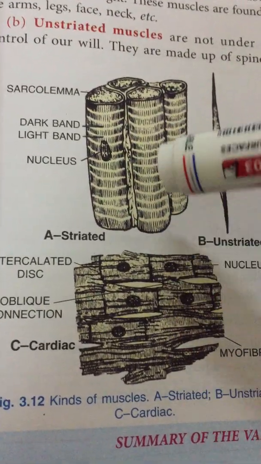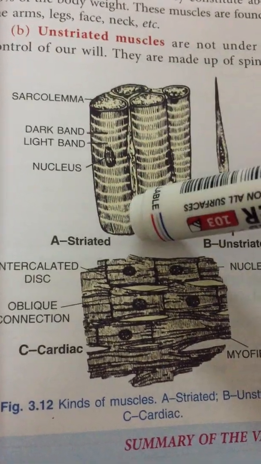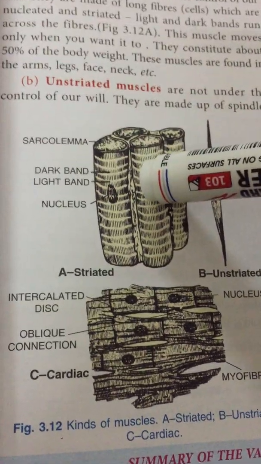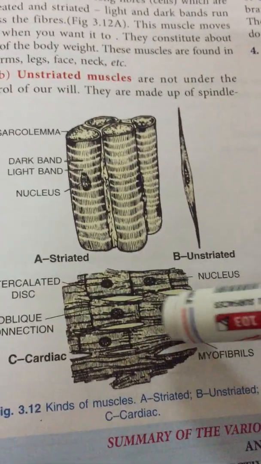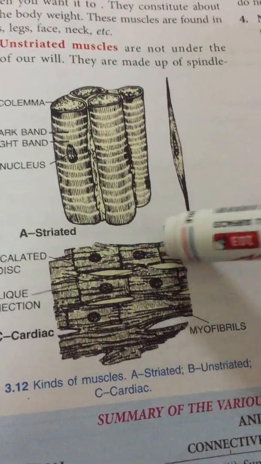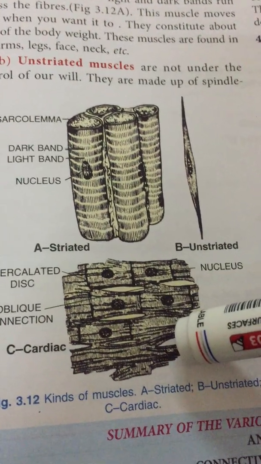So a basic structural difference between striated and cardiac is striated has cylindrical cells with dark and light bands, but they are unbranched, whereas cardiac also have dark and light bands, but they are branched, and they are also made up of cylindrical fibers.